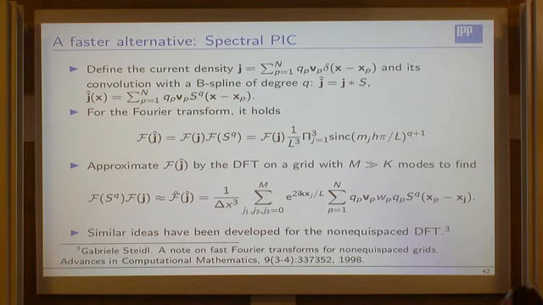And the idea is to approximate the Fourier transform by a discrete Fourier transform. So the first step is: what you want to compute is your current density up there with the delta function, and then you need the Fourier transform, so you need to evaluate your e to the power ik at all the particle positions.